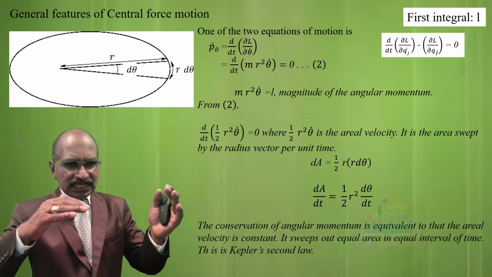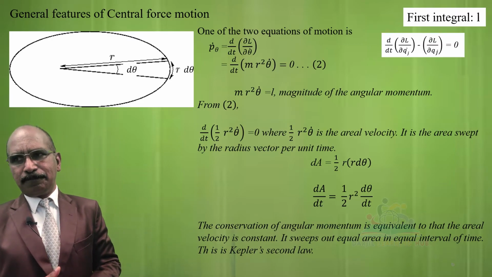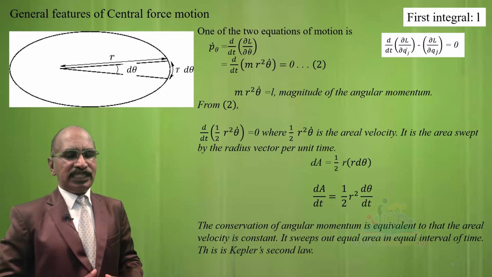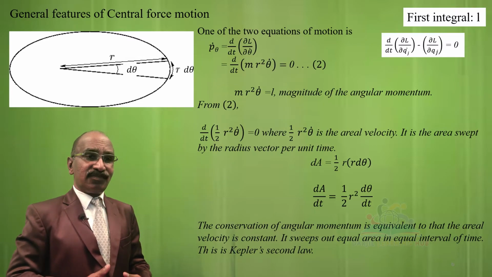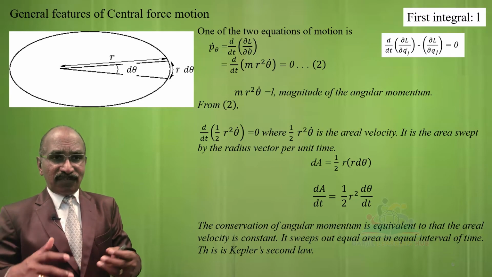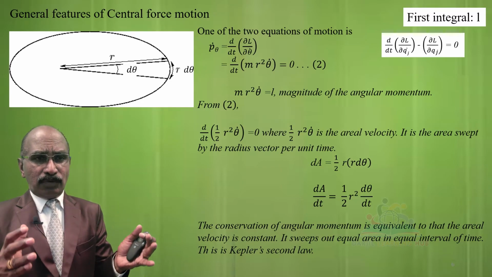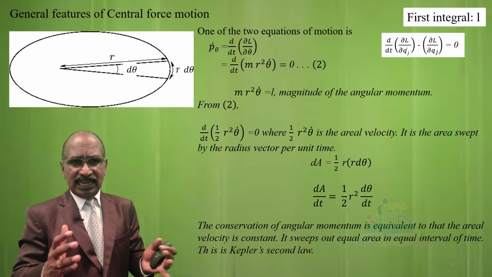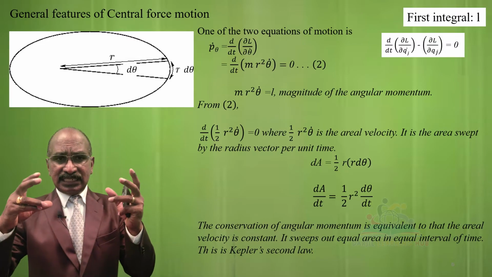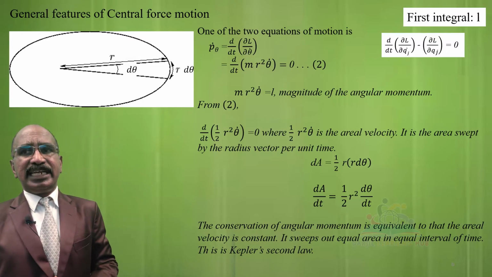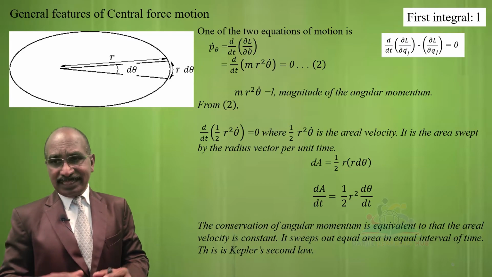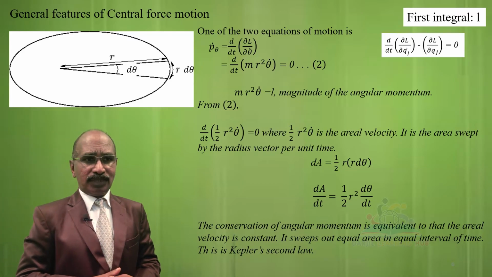Therefore, this is also a constant quantity, because we proved d by dt of 1 by 2 r square theta dot is equal to 0. Therefore, that aerial velocity, 1 by 2 r square theta dot, is the area swept by the radius vector per unit time. That is also constant.